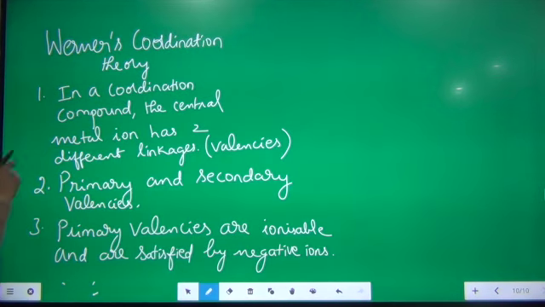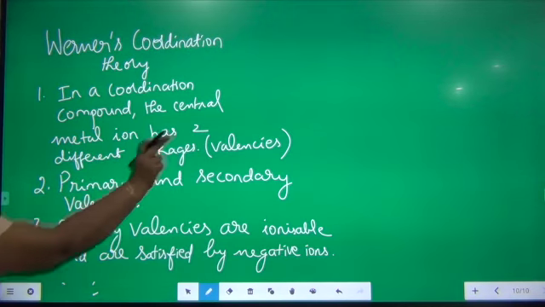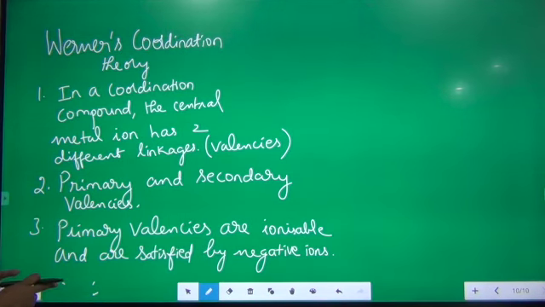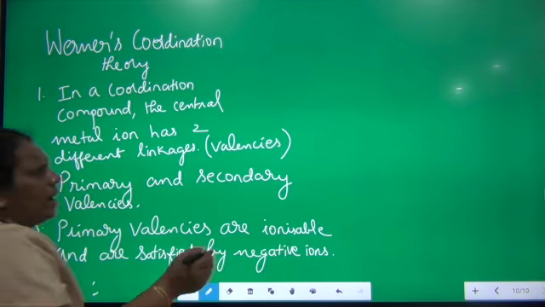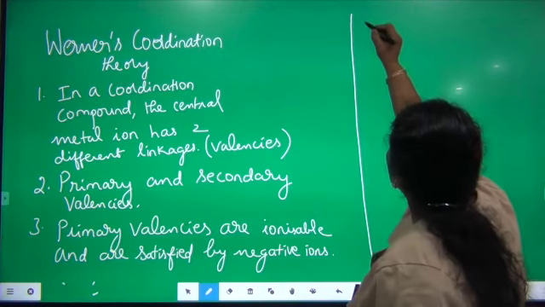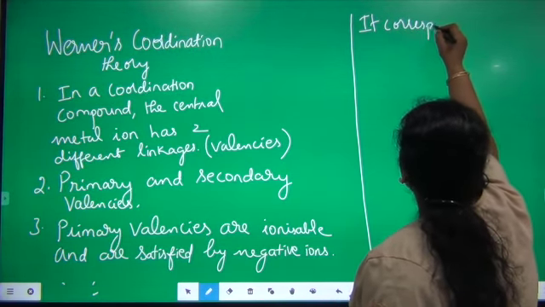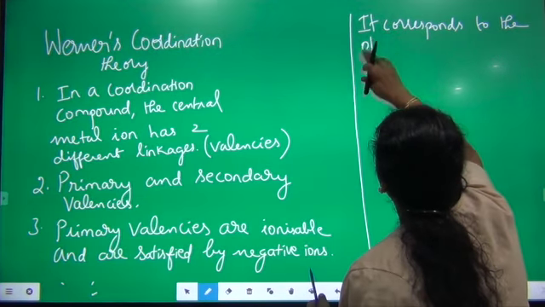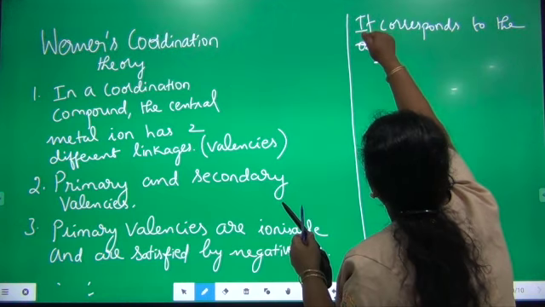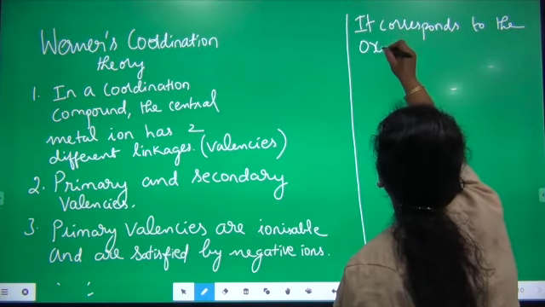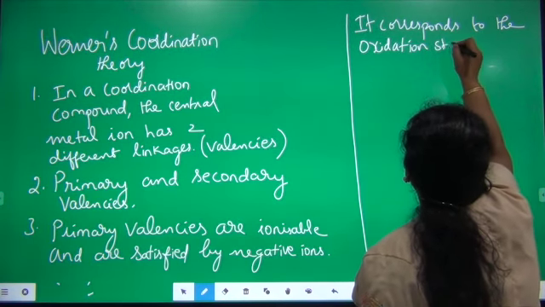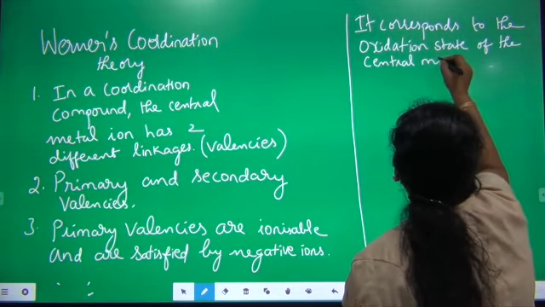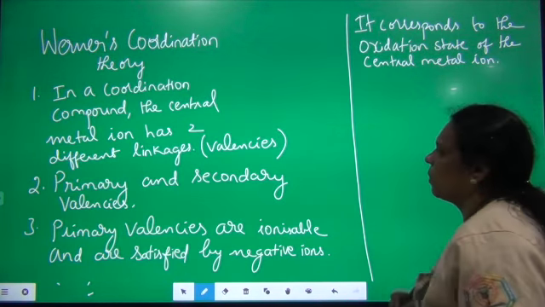They correspond to the oxidation state of the central metal ion.